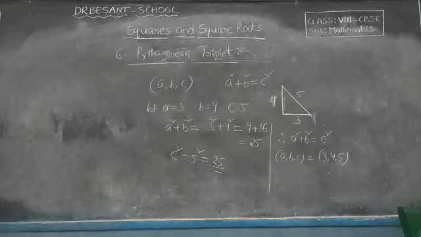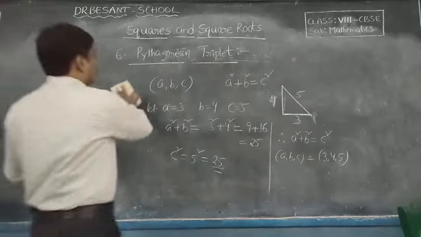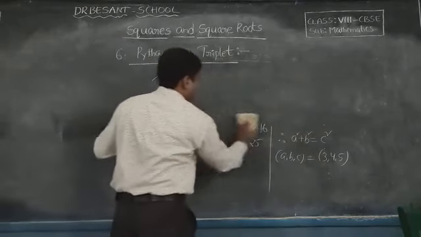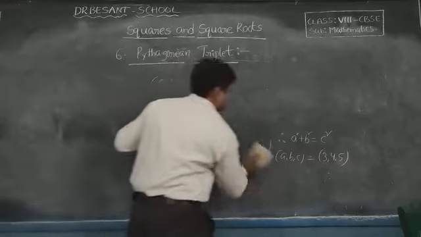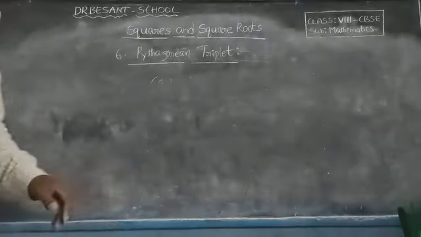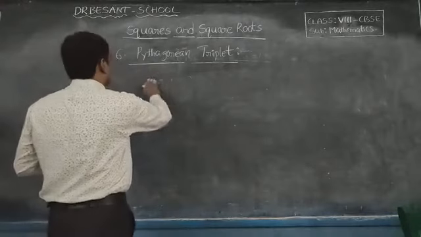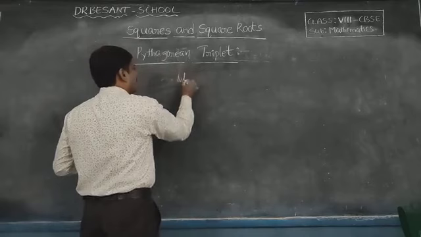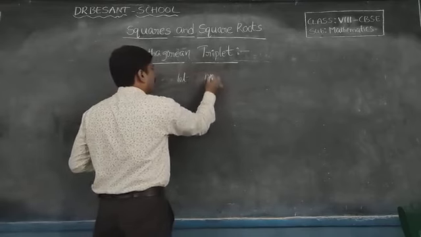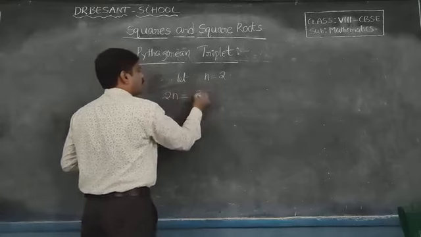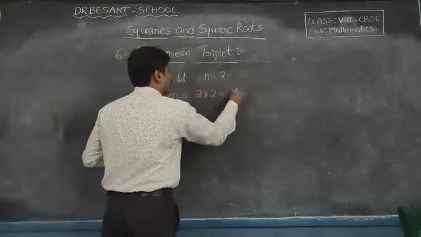Children, just wait. Same example I will explain in another way. Let n is equal to 2. Then what about 2n? 2 into 2, 4.